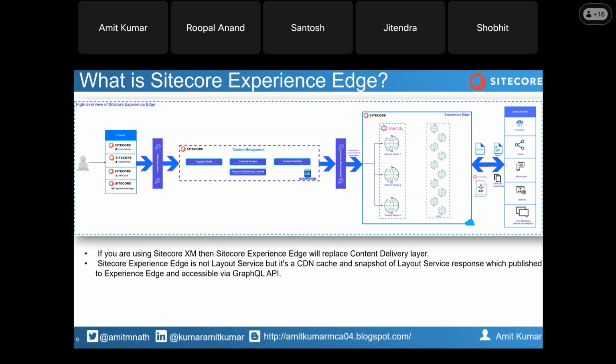You cannot deploy your code here, the way you traditionally use an ASP.NET MVC application. You cannot deploy any binaries or custom implementation into Sitecore Experience Edge, because it's content delivery only, nothing to do with how your application or business functionality will be built up or served to the end user.